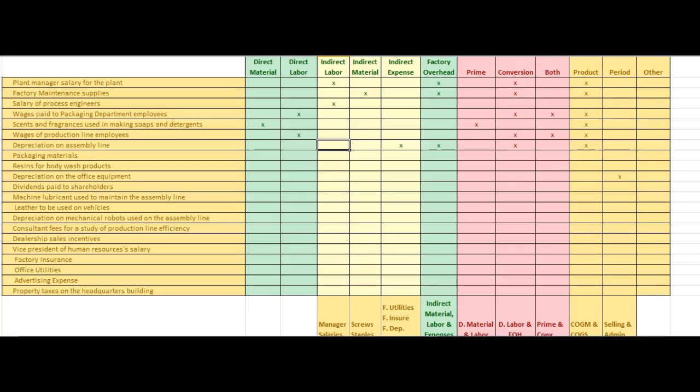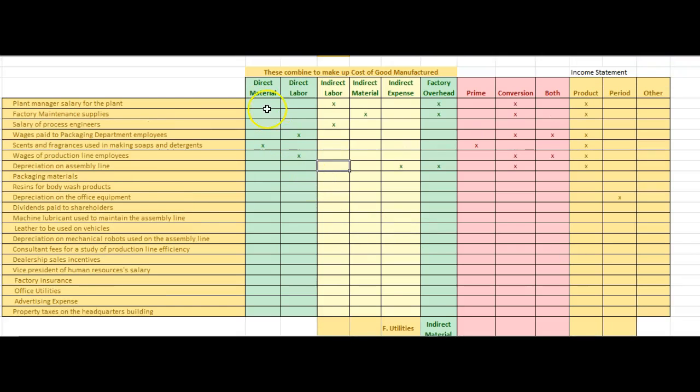Okay, I'd like to review a little bit of what we did in class so that everybody can be on the same page. First thing I want everybody to realize is costs here are also cost here and here. We just give them different names.